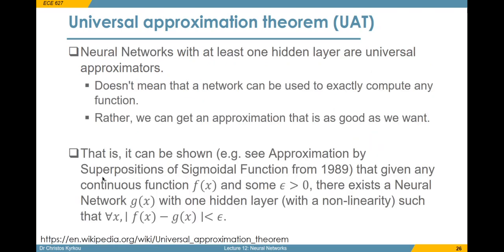But the key thing here is that we're not talking about computing exactly that function. The key word here is approximated. This means that if we have our function f(x), for example, and the approximation of the network is g(x), then we define the error that we want to have in the approximation.